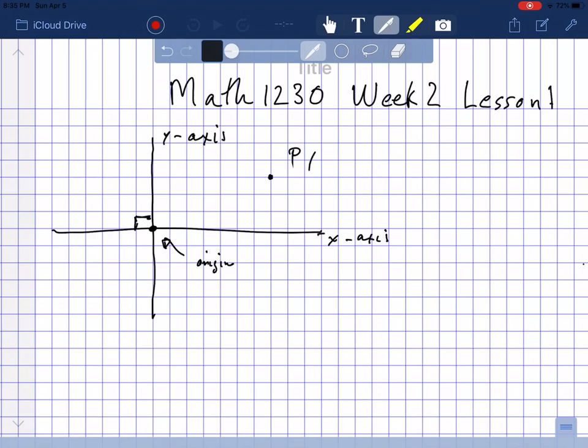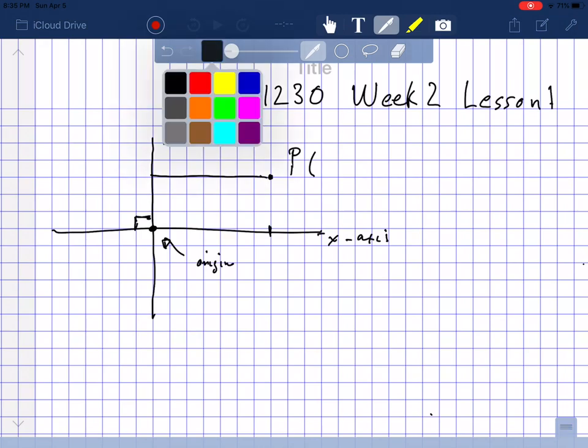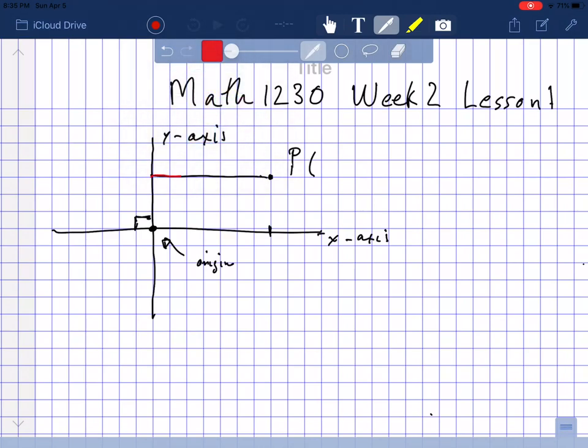And then if I have a point, say P, in my plane, I can assign an ordered pair of values to P, and that ordered pair of values represents the location of P uniquely. What we do is we measure the distance of the point P from the y-axis.